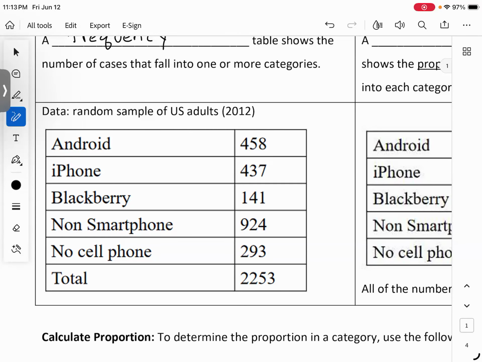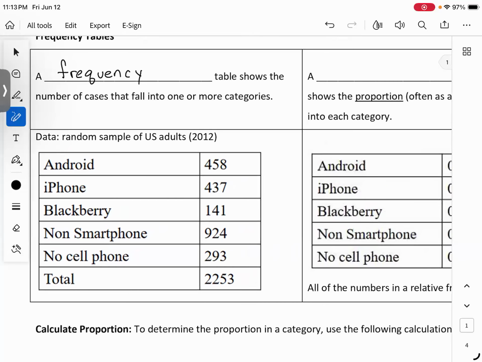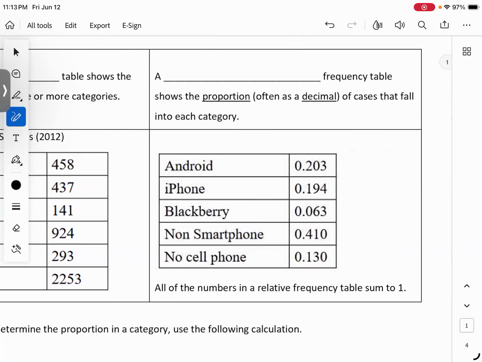Now, what we're going to be more interested in is a table that has the proportions or has the decimals. This version is known as a relative frequency table.